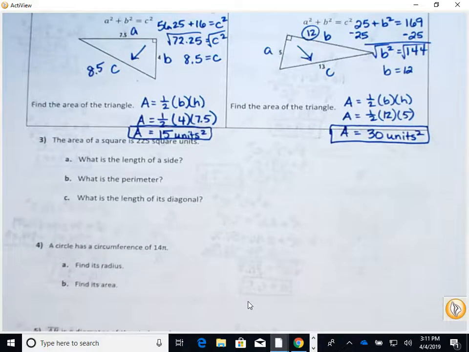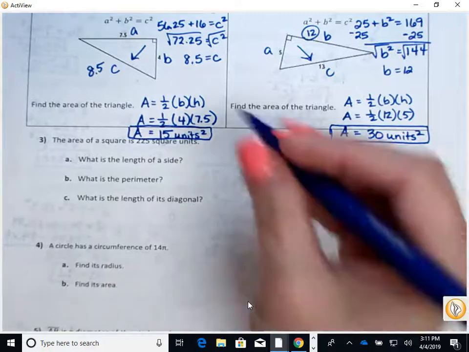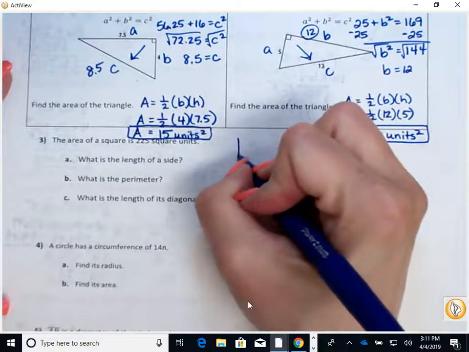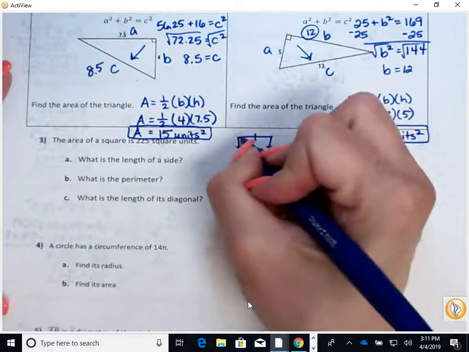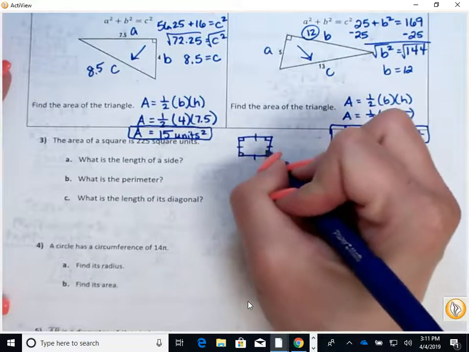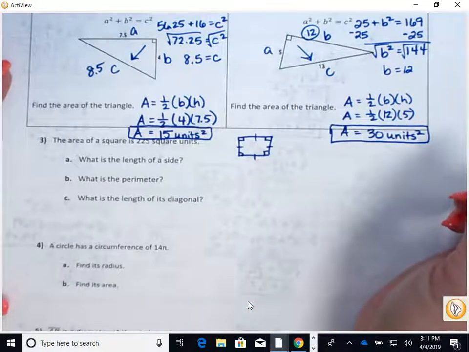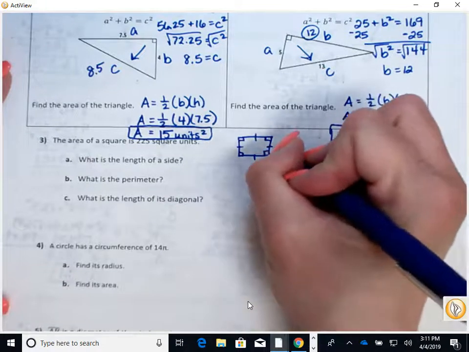The next question tells me the area of a square is 225 square units. Now something that we know about squares is their sides are all equal. And they all make 90-degree angles where they meet. So the way you find the area of a square is length times width.